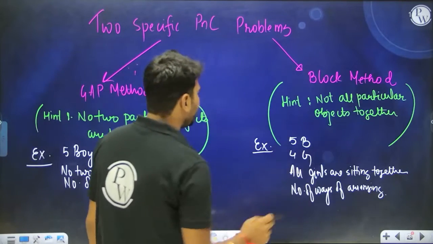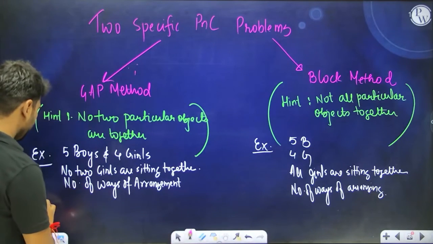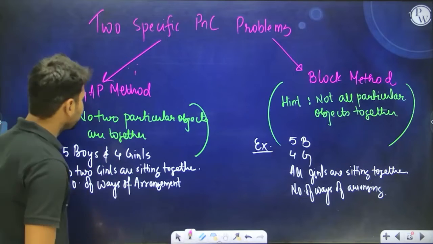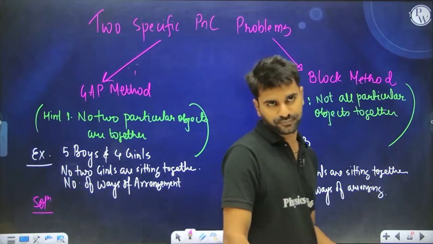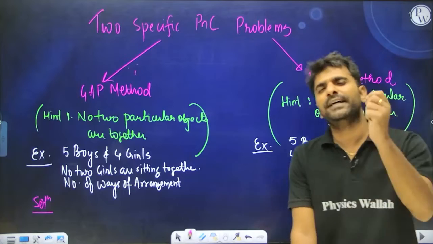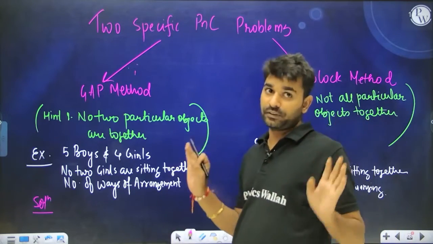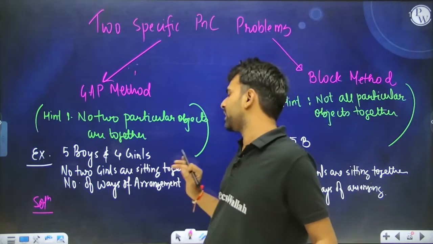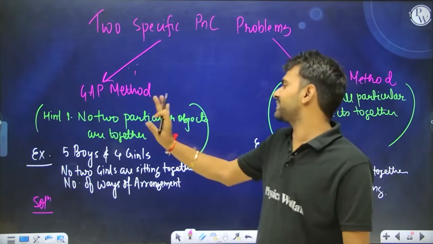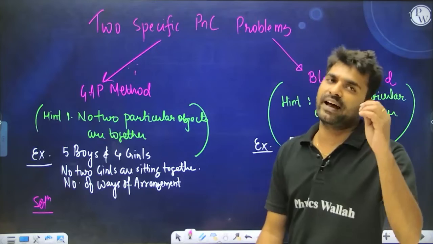If this is the case, then understand that over here the approach is, it is saying that no 2 girls are together. So first the people who can sit together, focus on that particular thing. So over here guys can sit together. Now again I am telling you, look, no 2 girls are sitting together. So whenever it is given that no 2 particular objects are together, we will have to apply gap method.